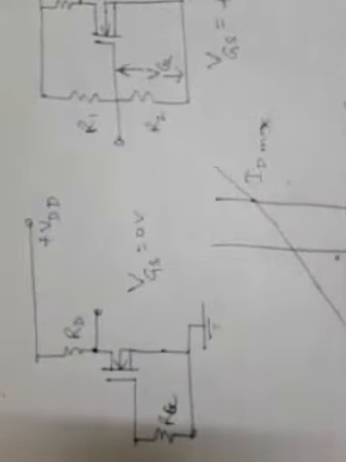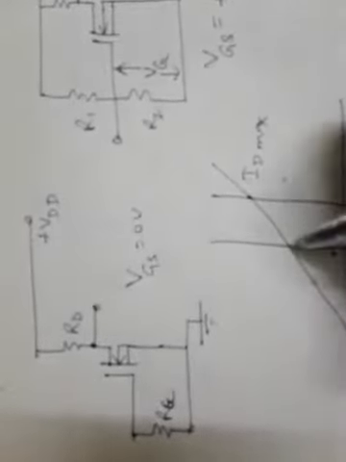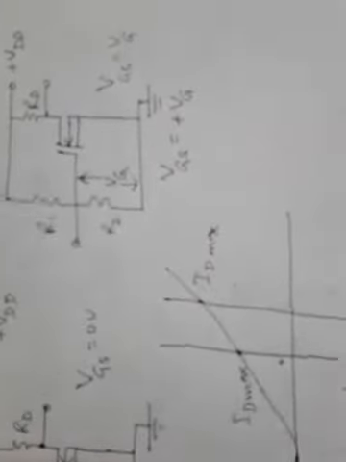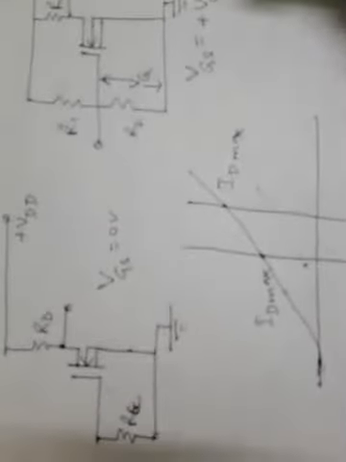This is the point for ID maximum, and this is also the point for ID maximum. The bias line for the first circuit is vertical to the current axis for VGS equal to 0, and for the second case VGS is equal to VG, when a finite gate voltage has been applied.